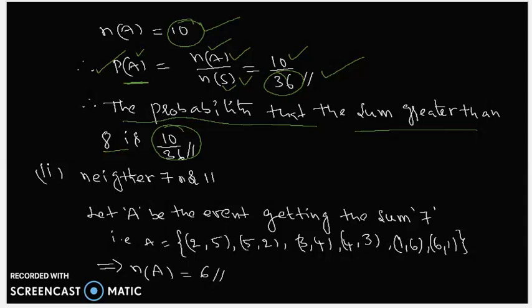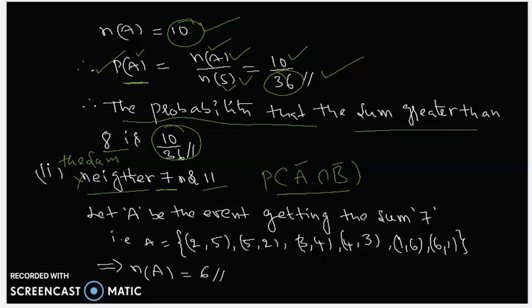Now going to the second problem. The sum is neither 7 nor 11. So to find this probability, the sum is neither 7 nor 11, that means we are going to find the probability of A bar intersection B bar.